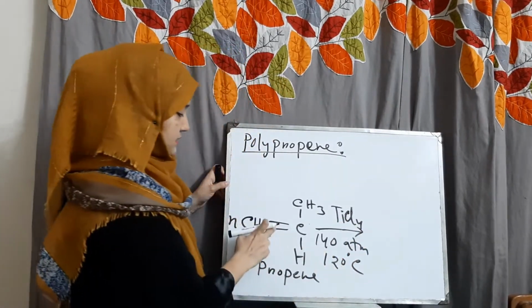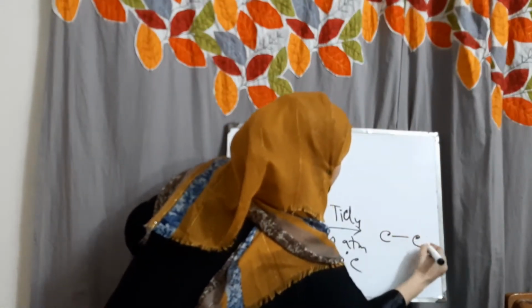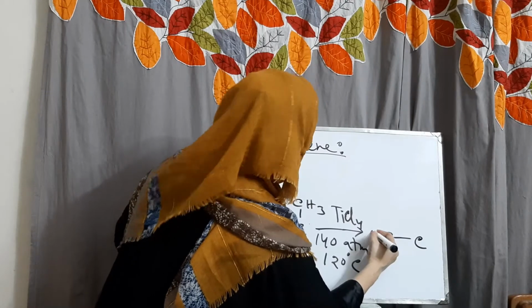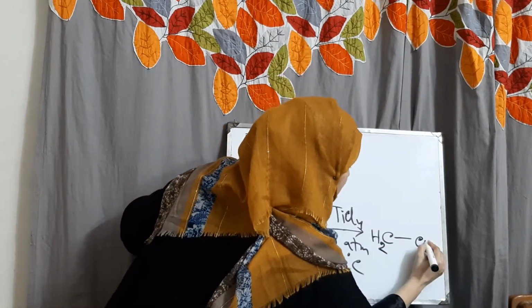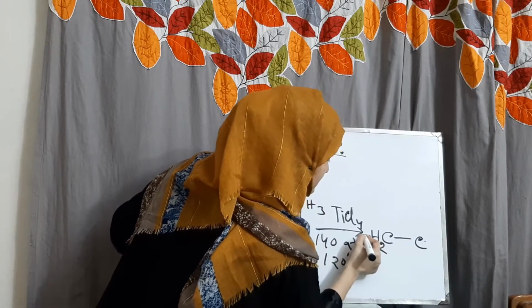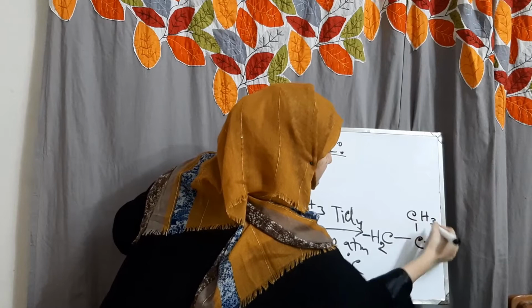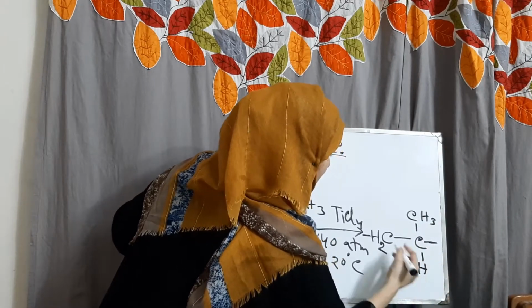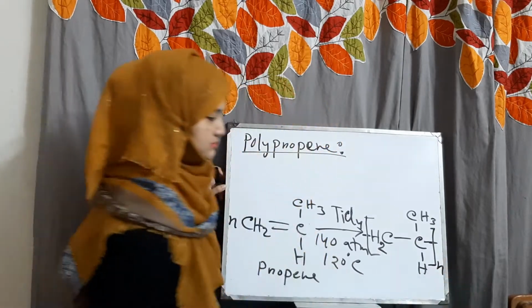And then the double bond breaks. At first the double bond breaks, middle carbon-carbon single bond, CH2, one hand and one hand free here, and third bracket n.